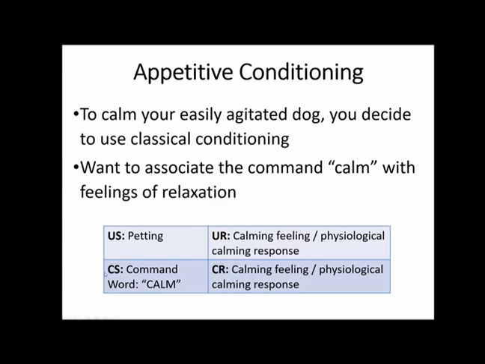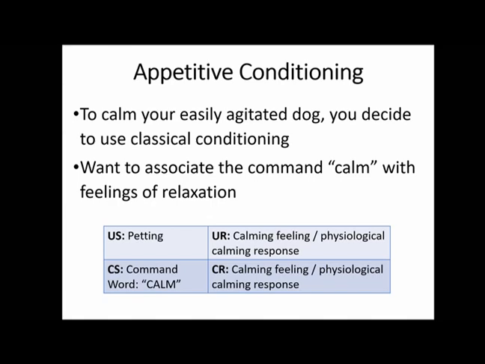Our conditioned stimulus, the thing that you want them to learn about, is going to be the word calm. So whenever you're petting your dog, if you're going to pet your dog to help them relax, before you pet them, you can say the word calm. Or maybe you're going to sit there and say the word calm over and over again while you're petting your dog.